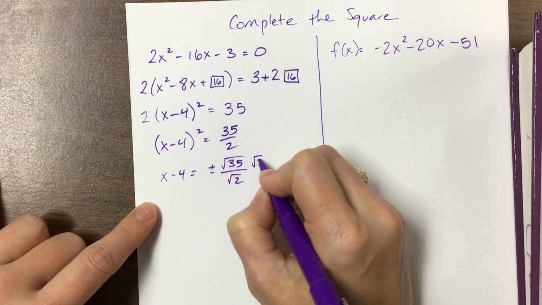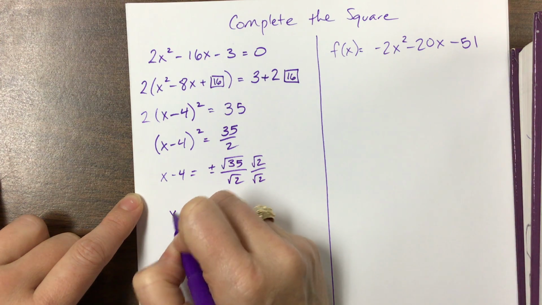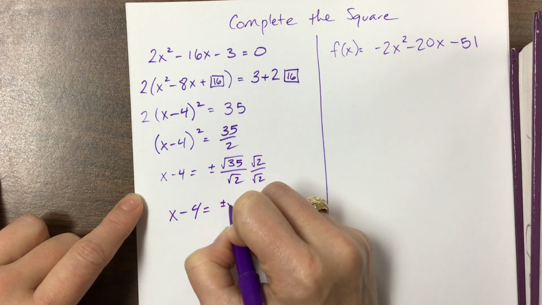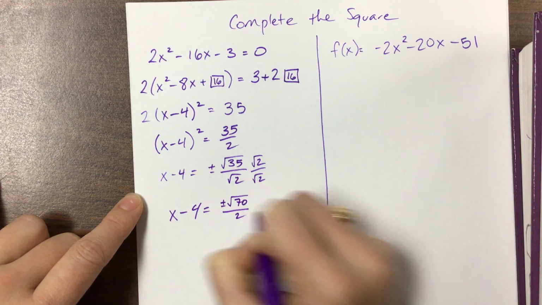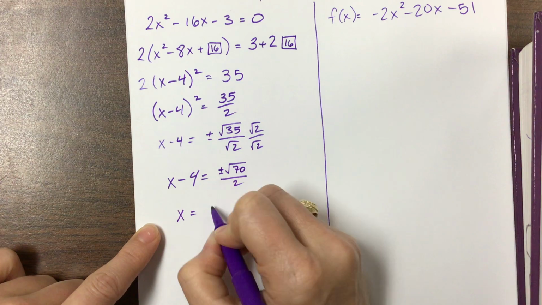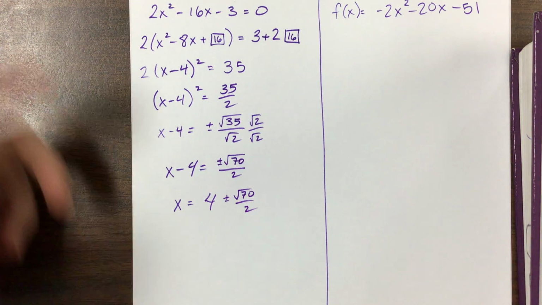I may rationalize that, just because we typically see these rationalized. So I have x minus 4 is equal to plus or minus root 70 over 2. Lovely. Okay, and so x would be equal to 4 plus or minus root 70 over 2. So something like that.